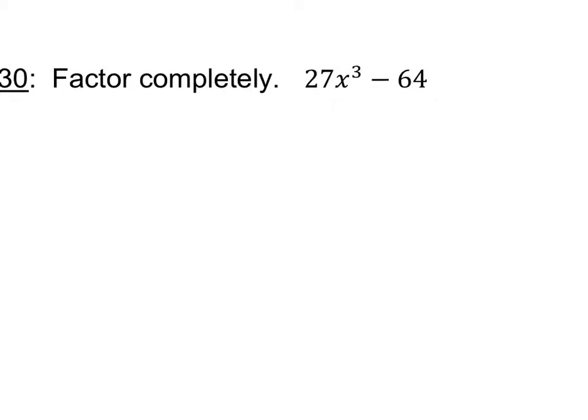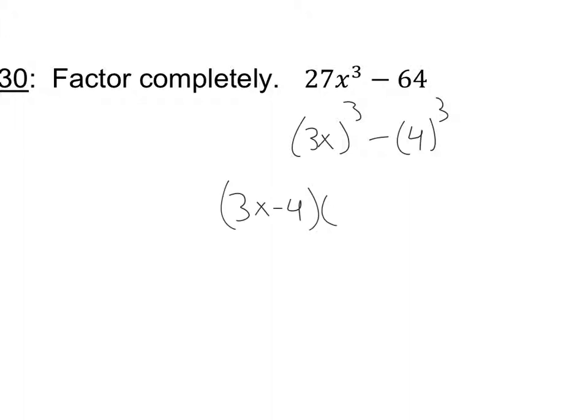Alright, so here, the cube root of 27 is 3, so you have 3x to the third, and the cube root of 64 is 4, minus 4x to the third. So here you have 3x minus 4, and then a squared, well, what's 3x squared? 9x squared.